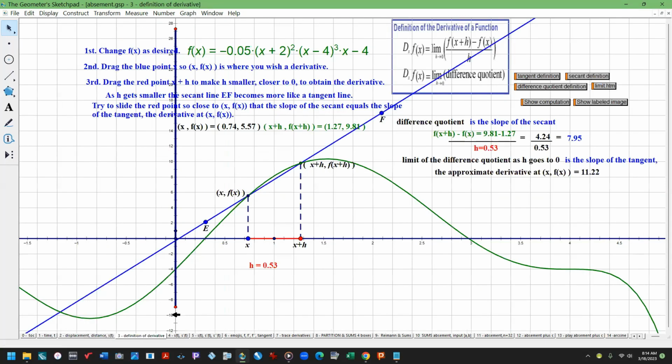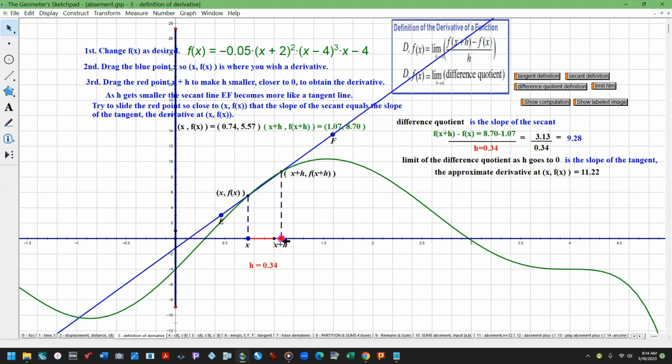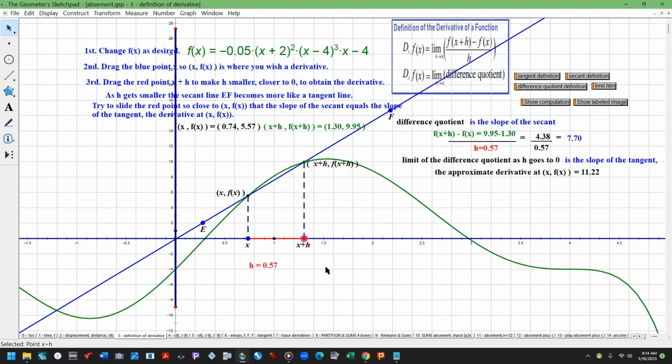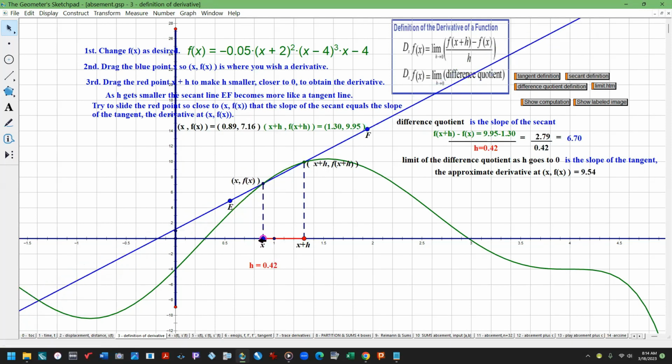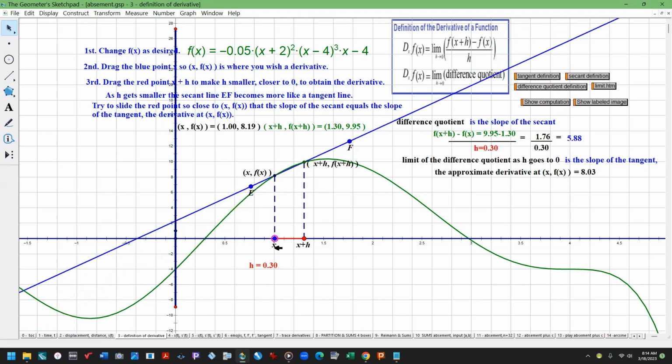That permits one to look at the definition of a derivative from a more concrete point of view than is available in a textbook. One might see a picture like this in a textbook, but because it's on a sketch pad, things can be moved. So if you wish the derivative at this x value, position the x value where you wish it.